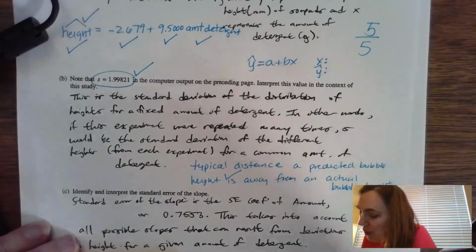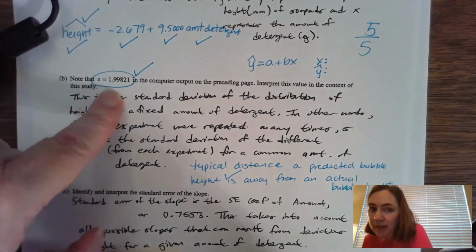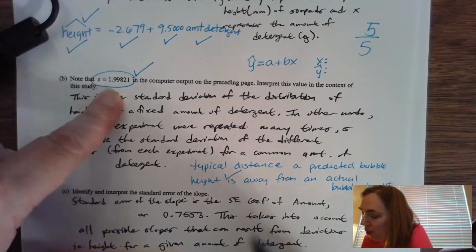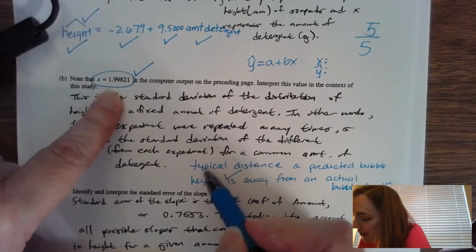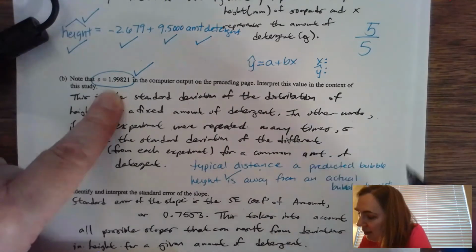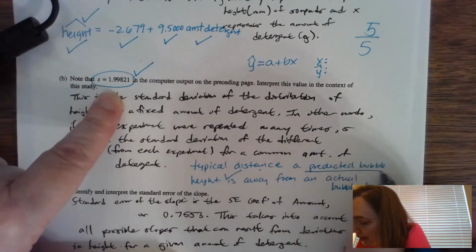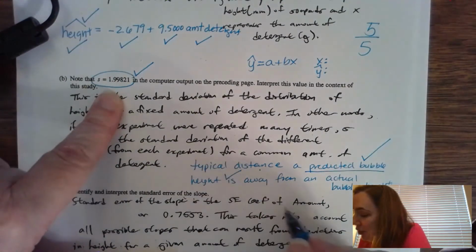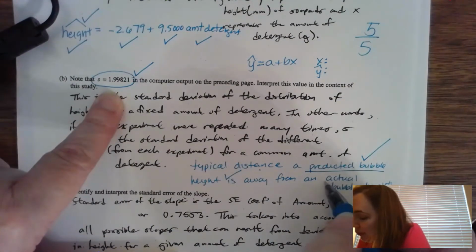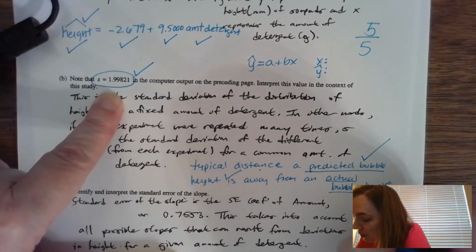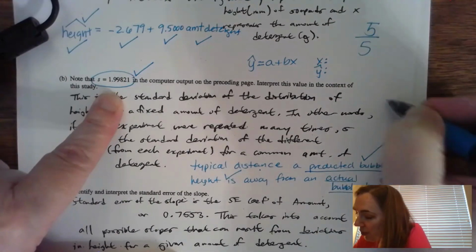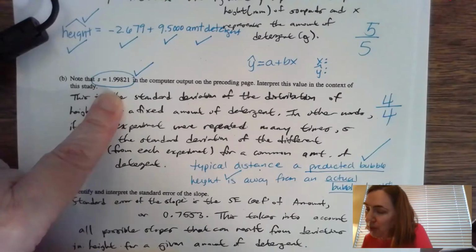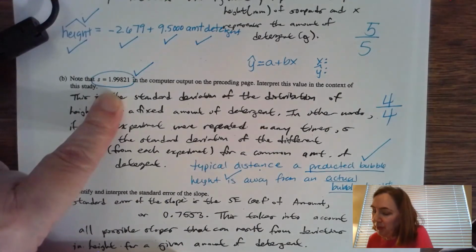Okay, so let's make sure we check it off. 1 for identifying the 1.99821. 1 for saying it's a typical distance. Predicted y, which is the predicted bubble height, is, give yourself a check, away from the actual y, which is the actual bubble height, give yourself the 4th check. So there are 4 checks for this particular problem.